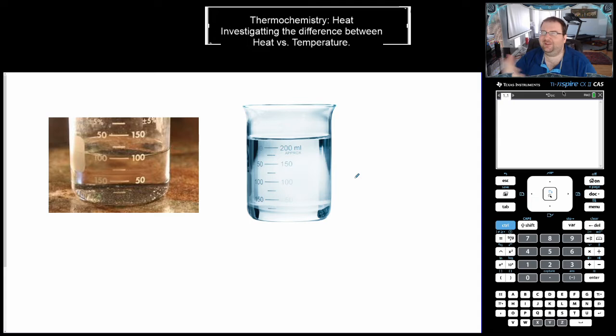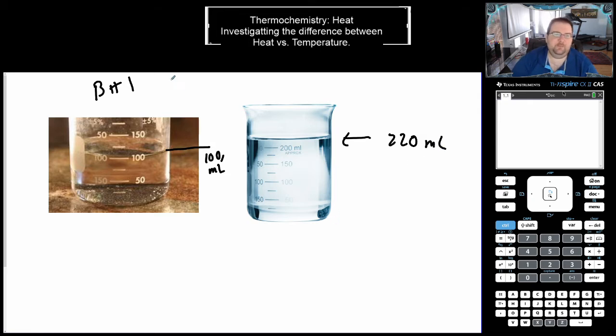Again, I want to start thinking about heat and temperature and how they're different now. So we have 2 beakers of water here. We have beaker number 1. Beaker number 1 looks like it has about 100 milliliters of water. Beaker number 2 looks like it has, what is that, maybe 220 milliliters of water? Let's say that I put in my thermometer, my temperature probe.